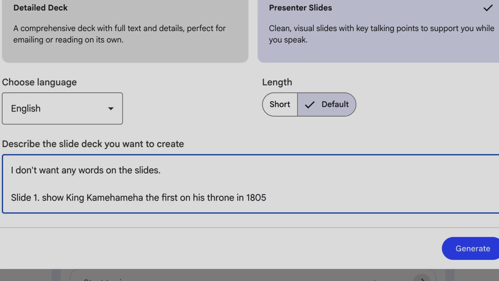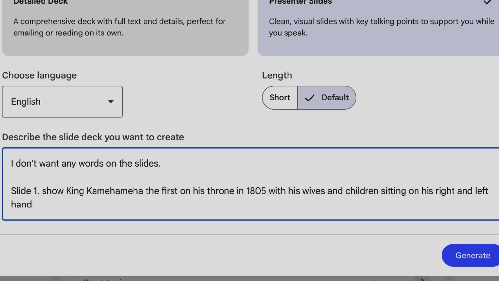in 1805 with his wives and children sitting on his right and left hand. Show the wives and children cross-legged on the ground.